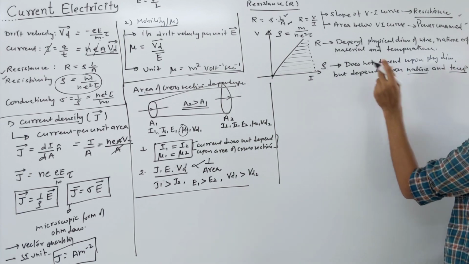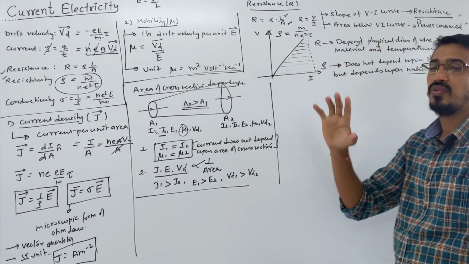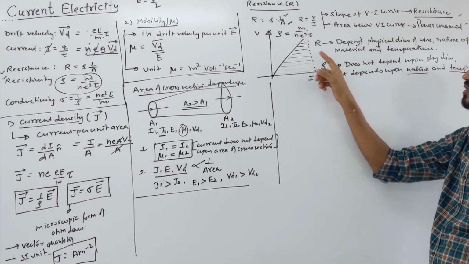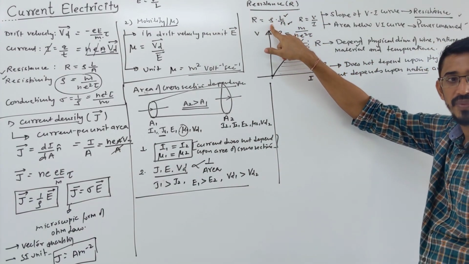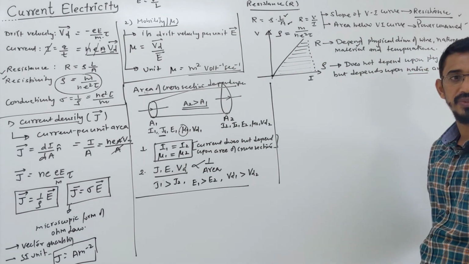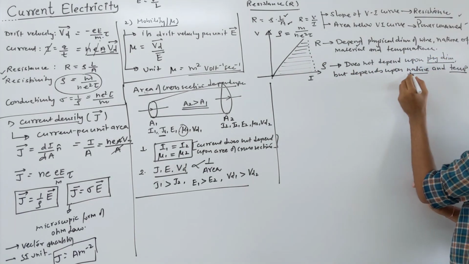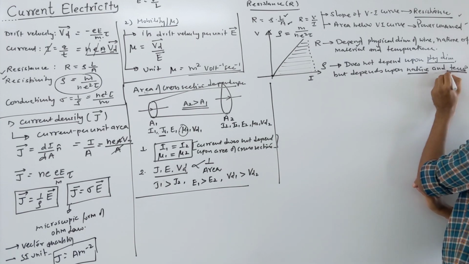So just see, resistance depends upon three things: your physical dimensions, length and area; also the nature, because rho tells you the nature of the wire; and temperature. But resistivity does not depend on physical dimensions. Important: it depends upon the nature and the temperature of the wire.